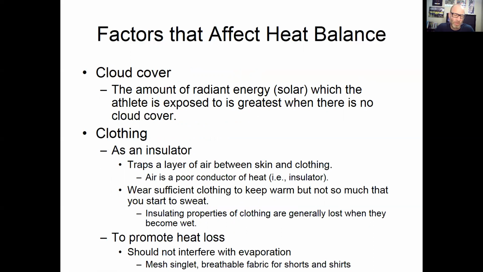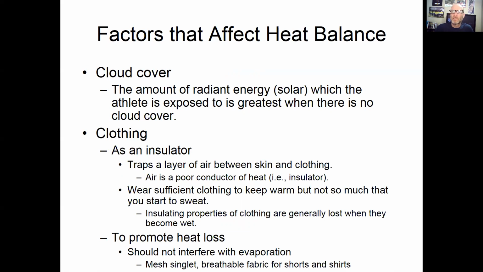Again, this is something we know in Las Vegas. You can always tell someone who's from Vegas when you're standing across the street, you stand in the shade of the light pole, the traffic pole there. You do that because you are reducing the amount of radiant solar energy you're getting by the shadow of the pole. Exercising with clouds is much different than exercising in direct sun.